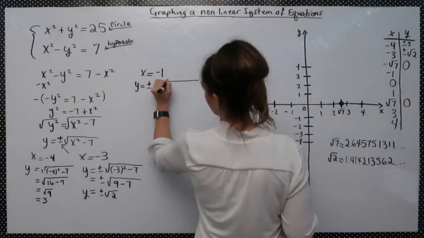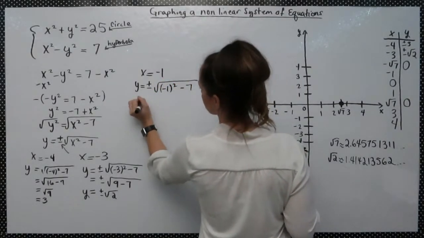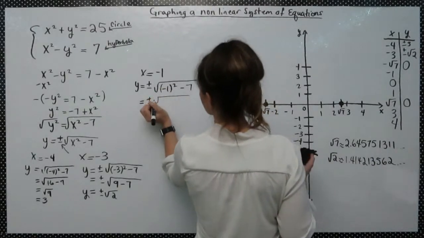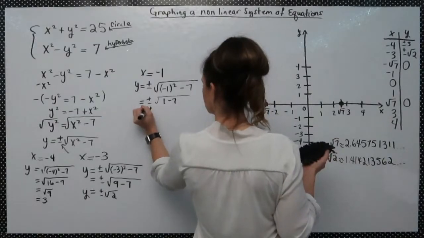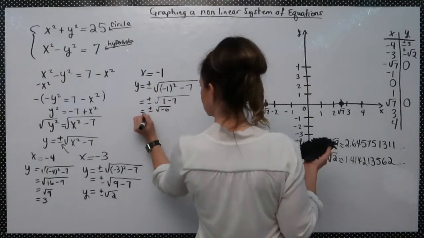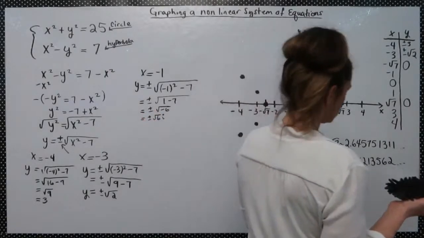All right. So we've got y equals plus or minus the square root of -1 squared minus 7. So this is -1 squared, that's 1 minus 7. Plus or minus the square root of -6. That's plus or minus the square root of 6i. So you've got these values.